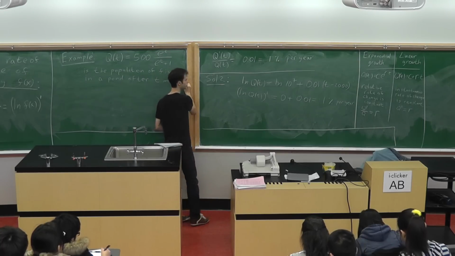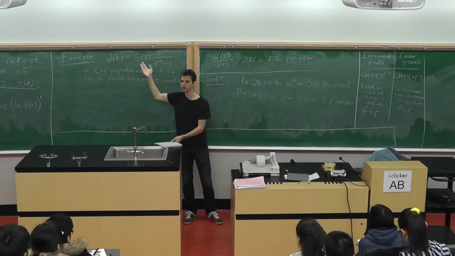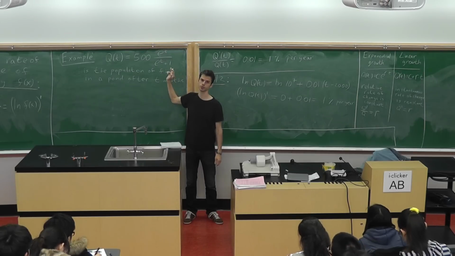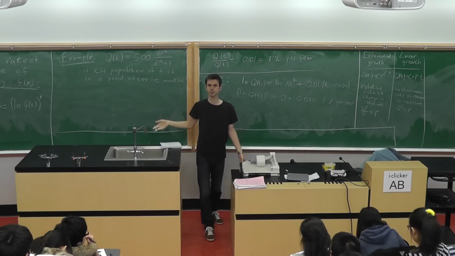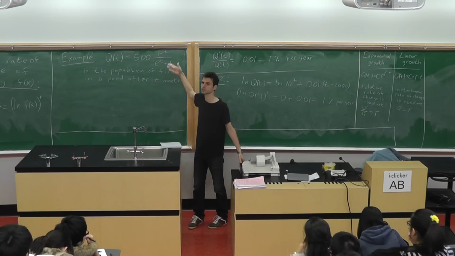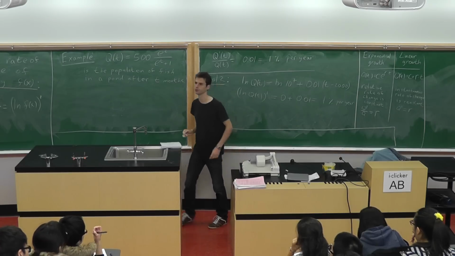So I'm doing some experiment, introducing a new kind of fish in the pond, and at time t equal to 0, the amount of fish is 500 times 1 half, so 250 fish. And as time goes by, the population grows by this formula.